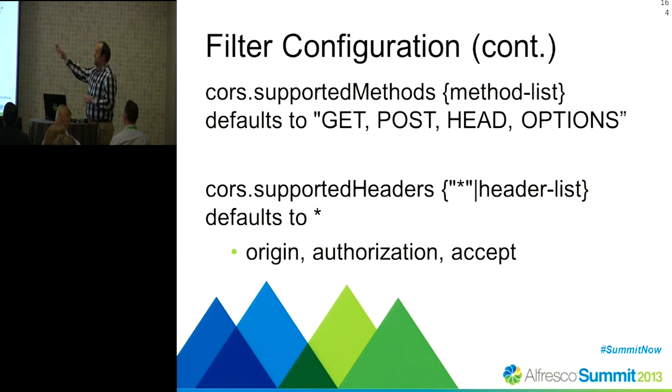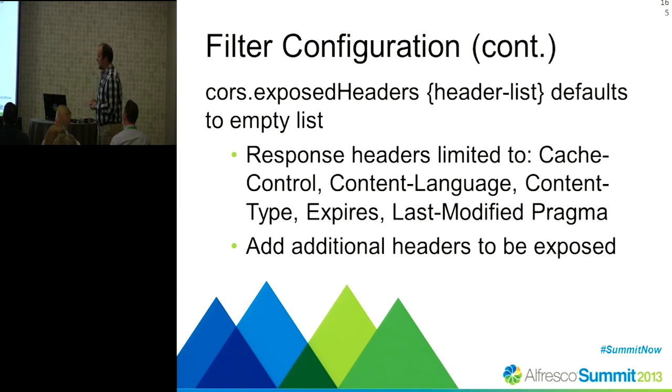We can also say which HTTP methods we support. Those are the default ones, but we might want to support things like deletes as well. We also might want to change or expose different sets of headers that are provided. Those are the limited ones that are there, but we might want to add additional headers that our applications may depend on as part of the process.